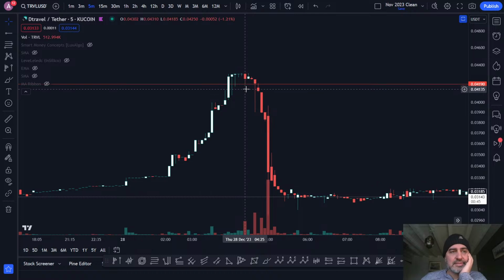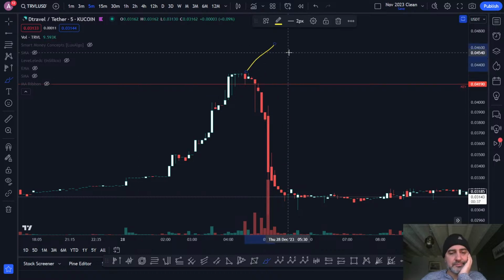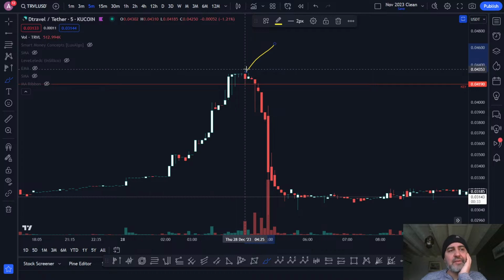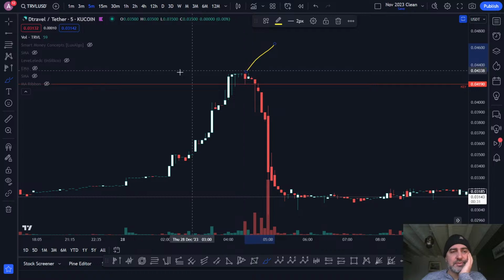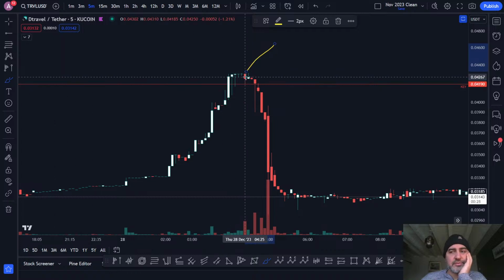That's a sell. Someone sold 512,000 TRVL right here. $512,000 of TRVL. It's very bullish actually, because the price went nowhere.